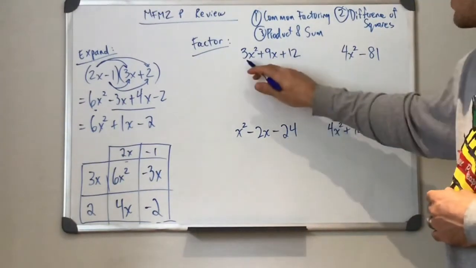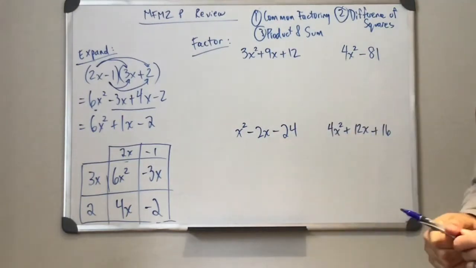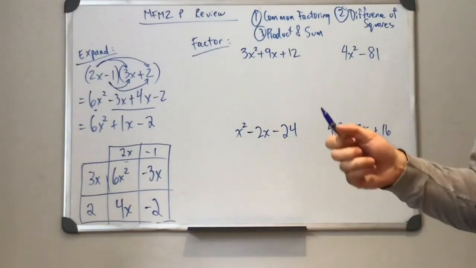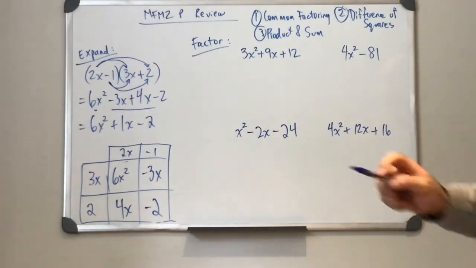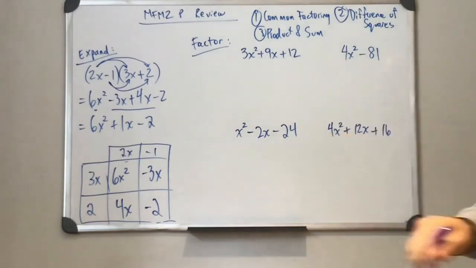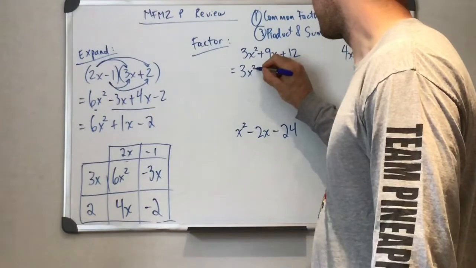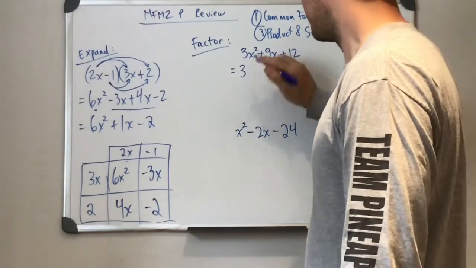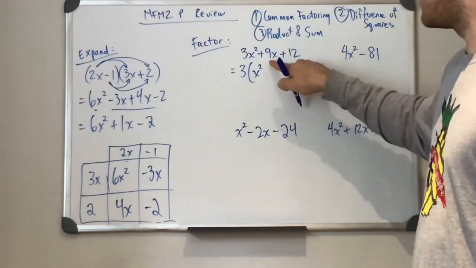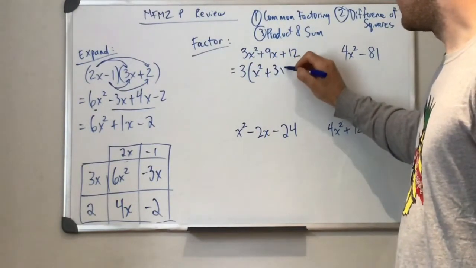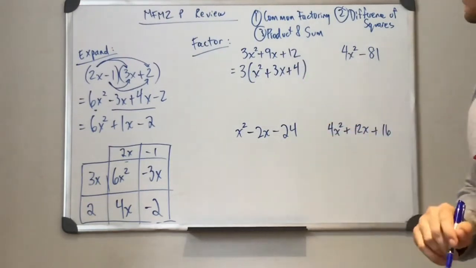Common factoring: I can't take a variable out of all three of these terms because our last one doesn't have an x on it. But I can divide out a number. Looking at this, the only number I can divide out of all three of these would be 3. So I'll have 3x squared, oops, I take my 3 out. 3 divided by 3 is 1, so I just have x squared. 9 divided by 3 would be 3x, and 12 divided by 3 would be 4.